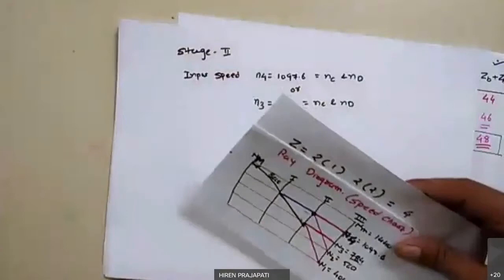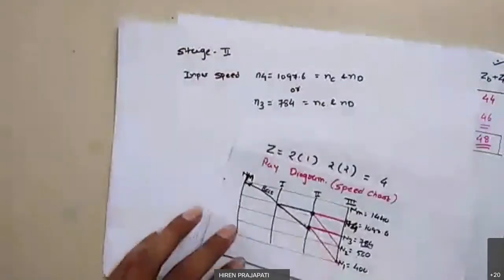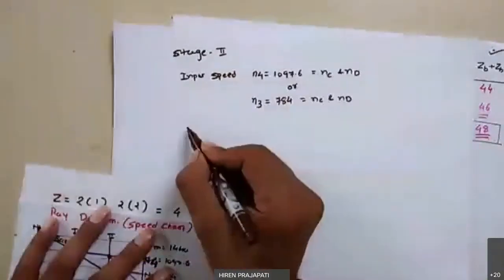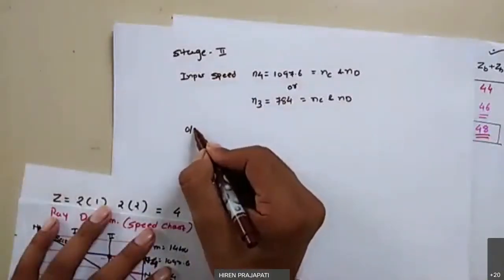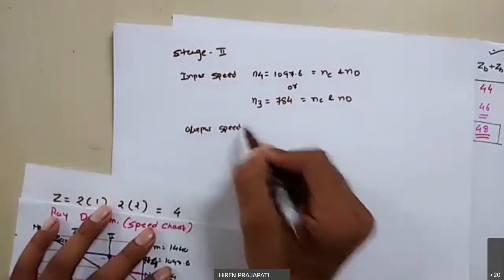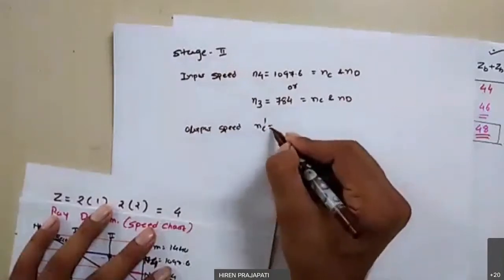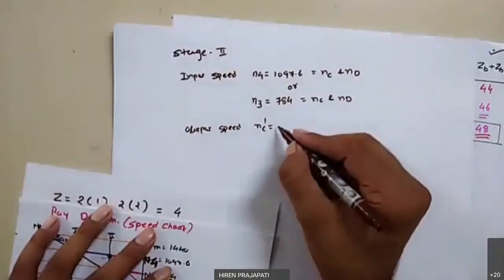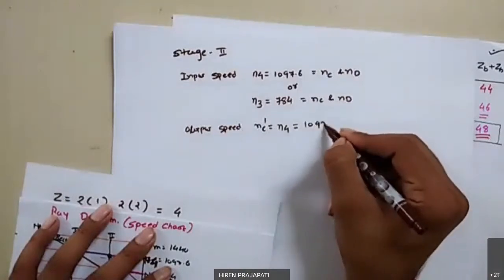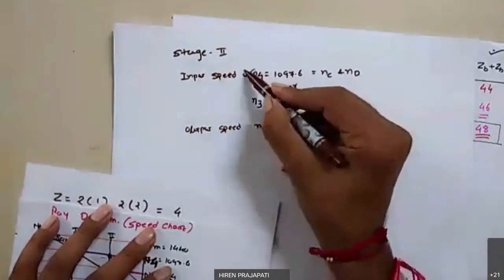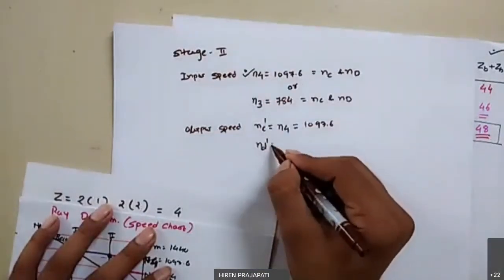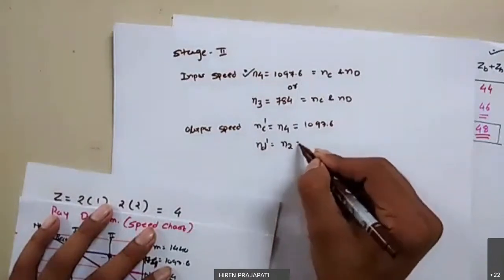Now, output speed: NC dash can be N4 directly, which is 1097.6 if we select this as the input speed, right? And ND dash will be N2 in our ray diagram.